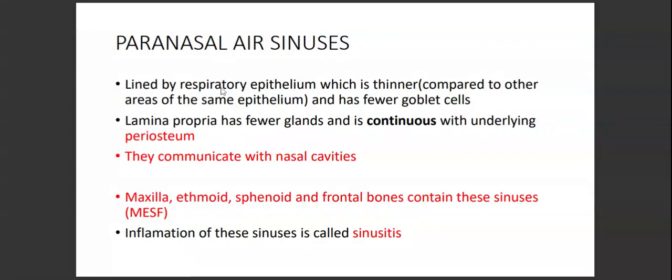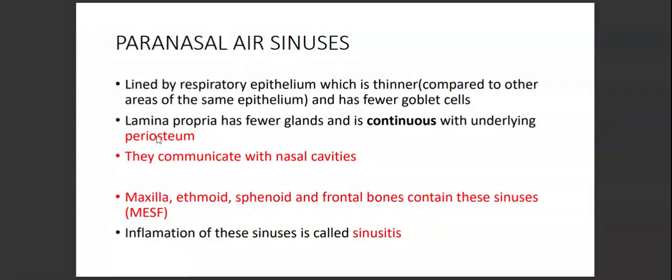They'll just modify this statement and let you figure it out. So always remember that these paranasal air sinuses are lined by the same respiratory epithelium, which we call ciliated pseudostratified columnar epithelium with goblet cells. So even goblet cells are there in the lining of these paranasal air sinuses.